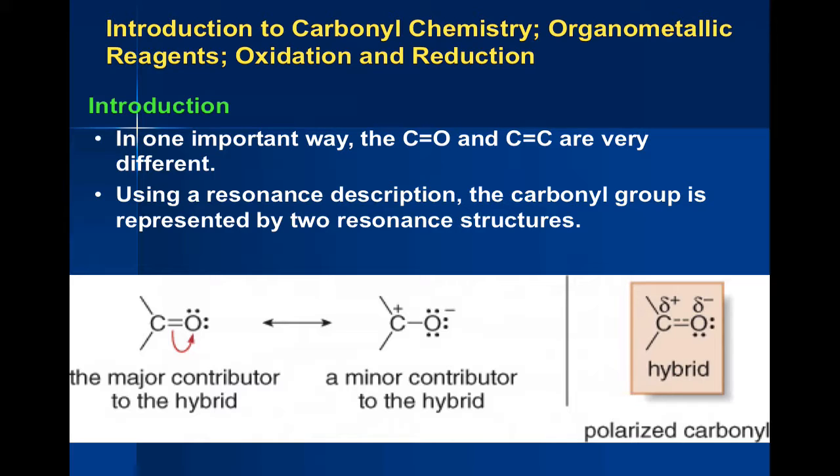So if we're going to add a nucleophile to a carbon-oxygen double bond, which atom, the oxygen or the carbon, will the nucleophile attack? The carbon, and why? Because it's partially positive. That's right.